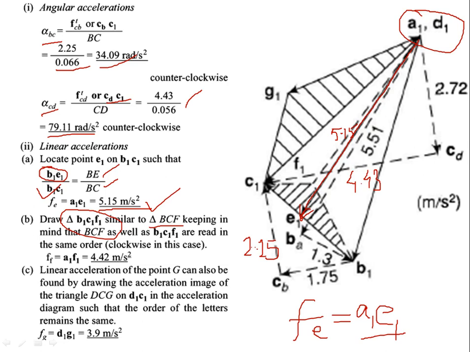Okay. So like that you have to take this point and then mark the point F1. Mark the point F1 such that you draw a triangle B1 C1 F1 similar to triangle BCF, how you have drawn in the link there. Okay.